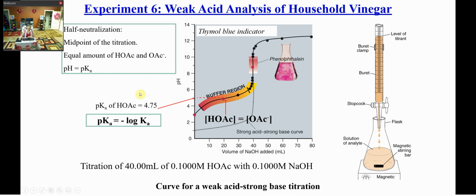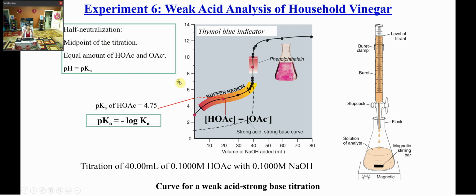At this point, you have a special phenomenon. Your acetic acid, a weak acid, and its conjugate base, acetate, have equal concentrations. At this point, your pKa and pH are the same. pKa equals the negative logarithm of your Ka, and Ka is the ionization constant of your acetic acid.